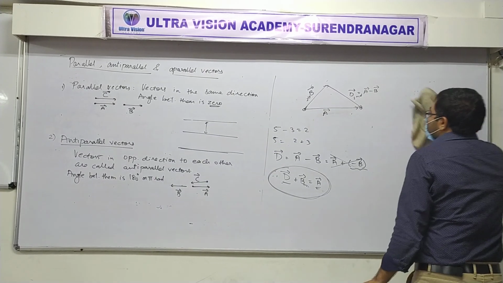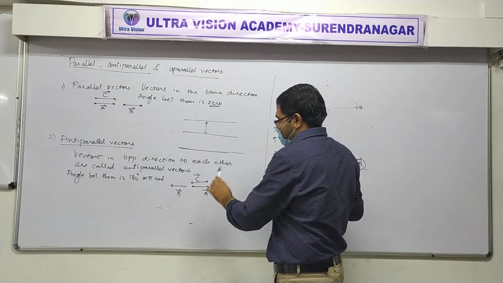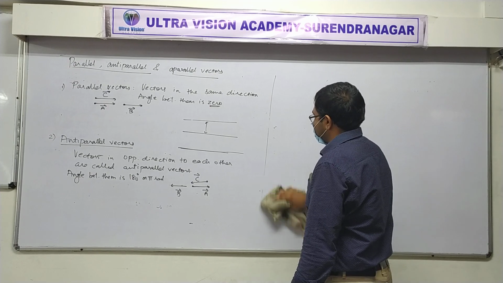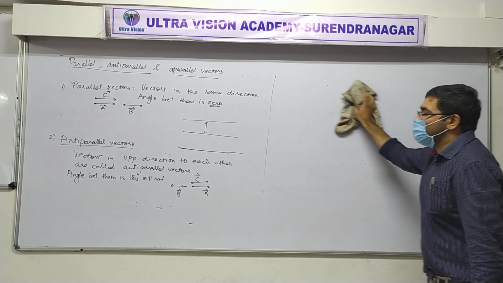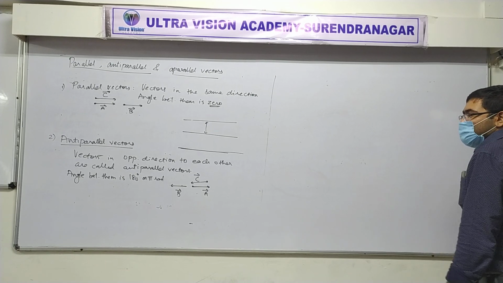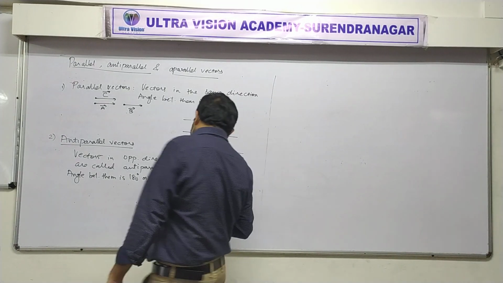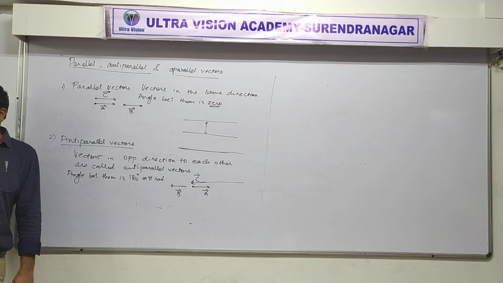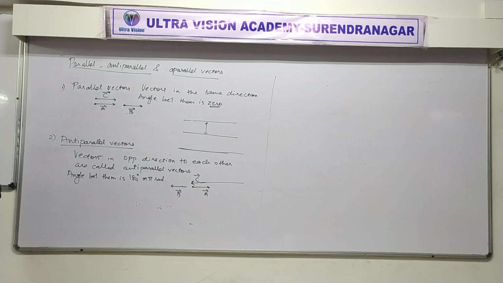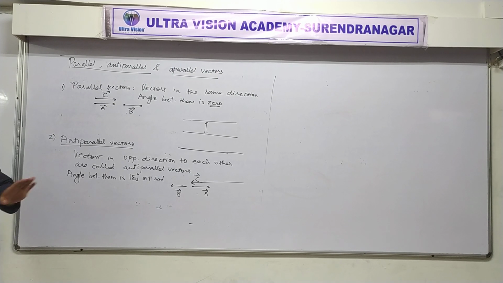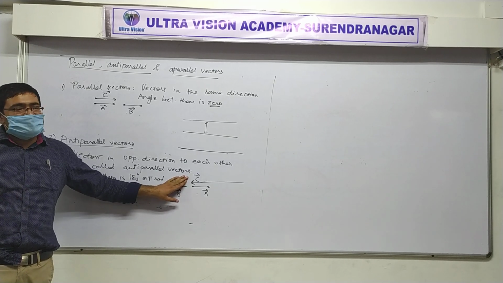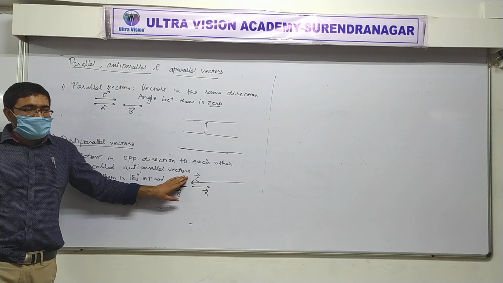Next. So A and C here are anti-parallel, but B and C are parallel. This C vector does not have the same magnitude as A vector. Magnitude has nothing to do with it. Then also A and C are opposite, anti-parallel, and A and C will form an angle of 180 degrees, because C is in that direction and A is in that direction.